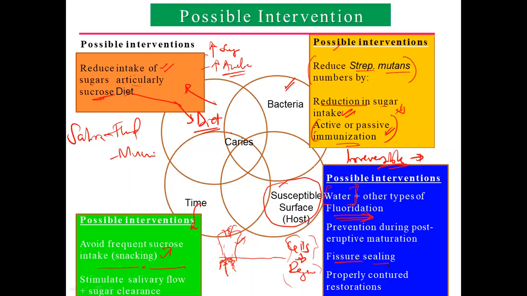Then we have fissure sealing. If you fill those areas that have the fissures, to prevent the cavities from becoming bigger and bigger, then that can also be a good way. Then we have other restorations depending on how bad it is, like for example a root canal.